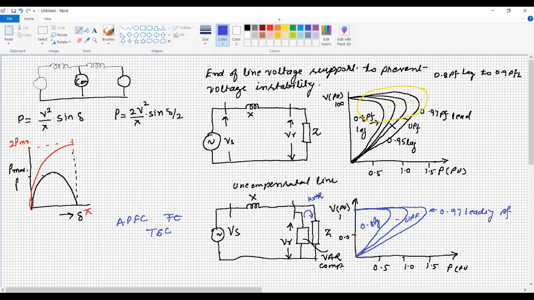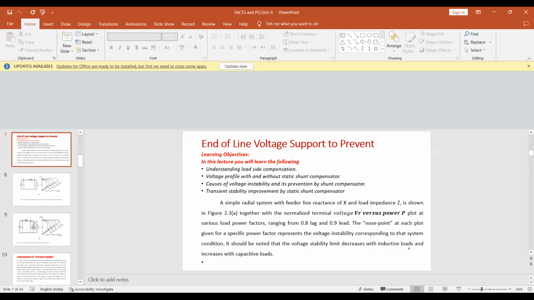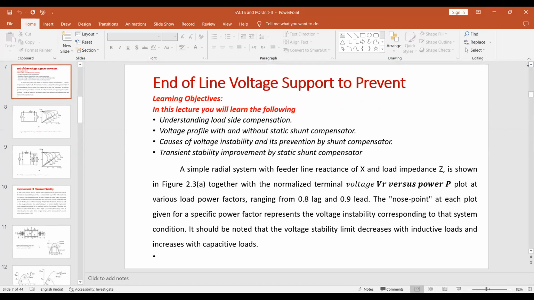So, if we try to understand by this one, here it is quite clear that the end of line voltage support is to prevent the instability.